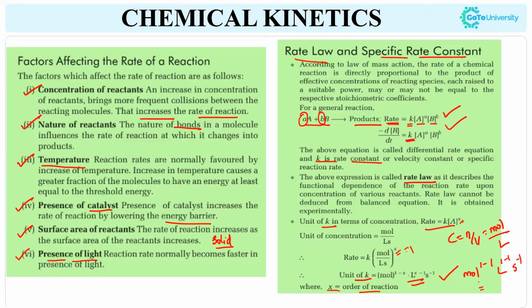Combining this, mole raised to 1 minus 1 becomes mole raised to 0. Mole raised to 0 is 1, because anything raised to 0 is 1. Liter raised to 0 is 1. So the remaining will be second inverse. So if x is equal to 1, that is a first order reaction, the unit of K will be second inverse. Based on the order of the reaction, we can find the unit of the rate constant. Okay, so this equation is important.